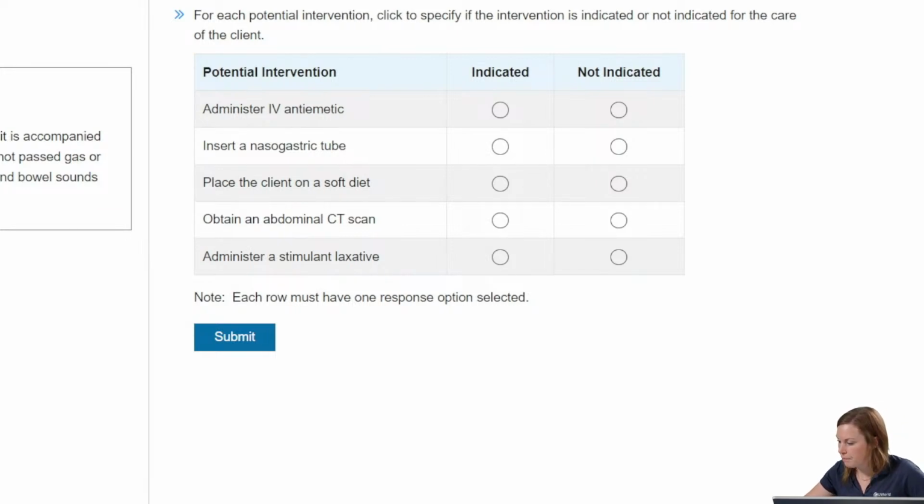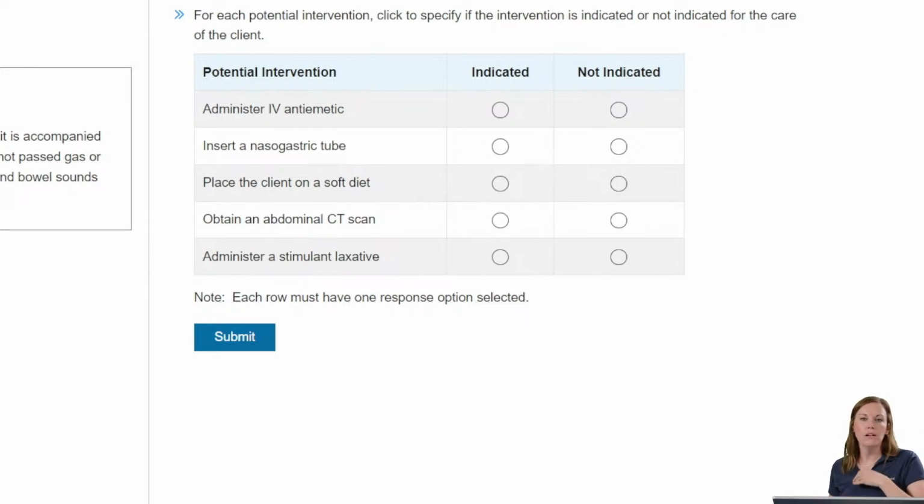All right, cool. So talking through this, we're thinking this client has an obstruction. Our whole goal in dealing with an obstruction is to prevent worsening obstruction. So we want to stop anything from adding to whatever is at the point of obstruction.